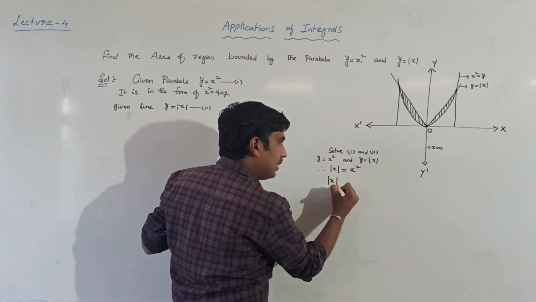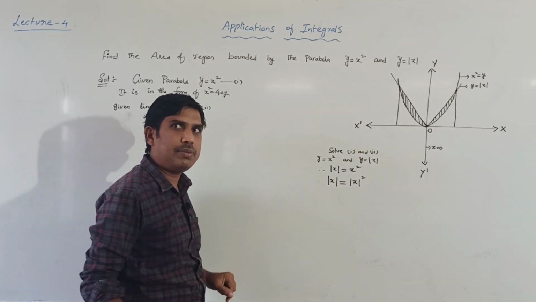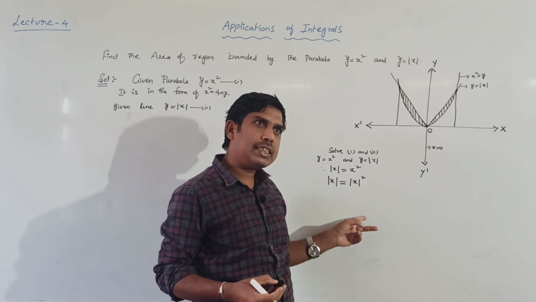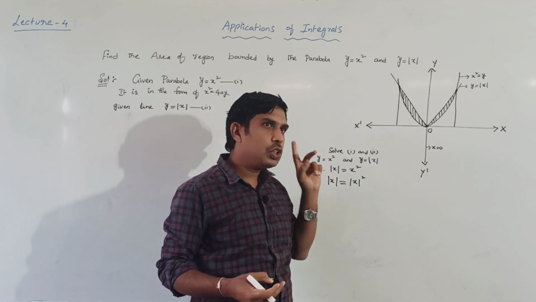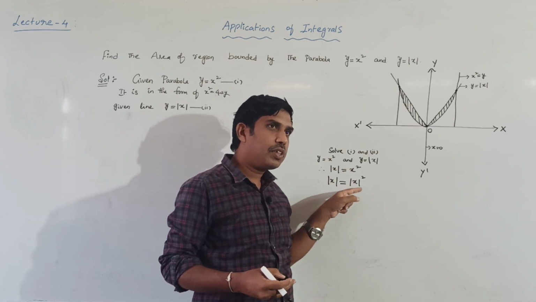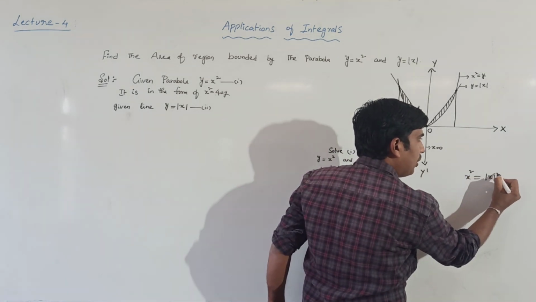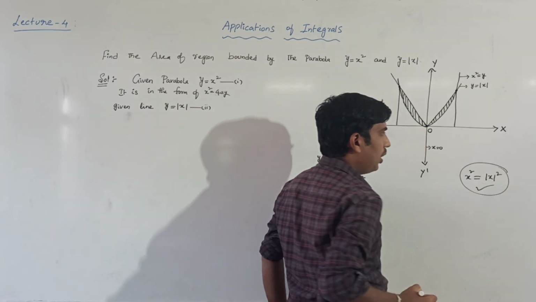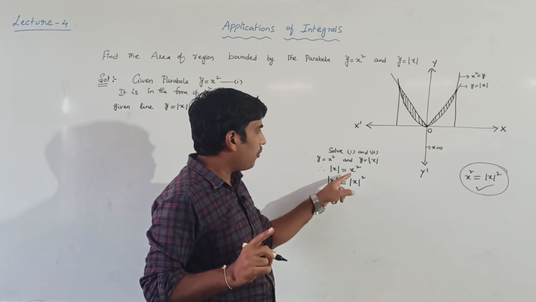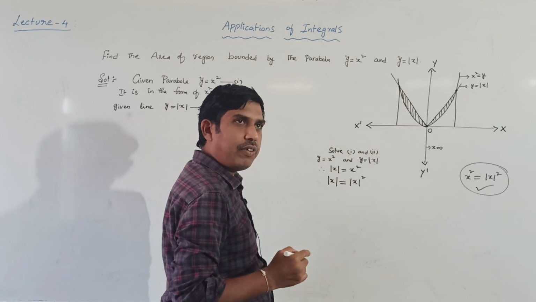Next, modulus x is equals to x square. Why? Because square value always positive, modulus x also always positive. So we can take x square as mod x square. X square and mod x square always equal. So therefore in the place of x square, here I replaced mod x square.